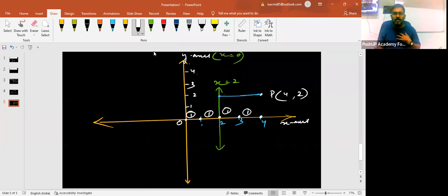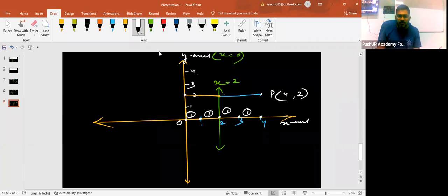Now I am asking you, where will be the image found? P dash. Children, where will be the image found? From this point, it will come this side, isn't it? Towards the left hand side, it has to cover how many units? 2 units. So, children, this is the point where it comes and settles.